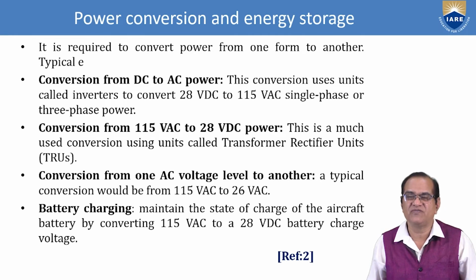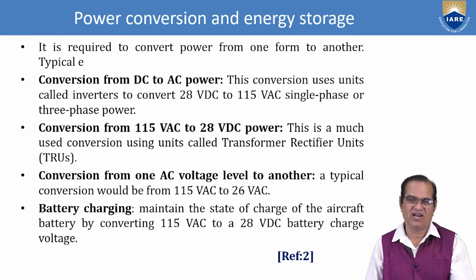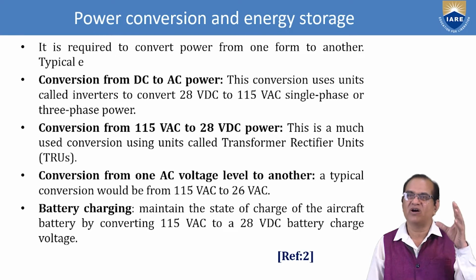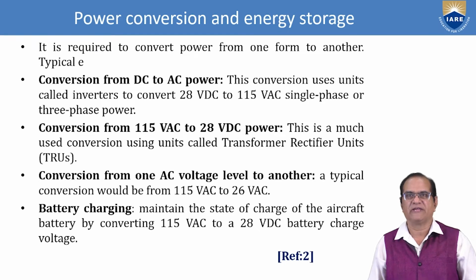Conversion from 115 volt AC to 28 volt DC power is much used, using units called transformer rectifier units. Like in our UPS in our lab and in our home, UPS are used, converting from AC to DC. In the same way in aircraft, they are called transformer rectifier units, converting from 115 volt AC to 28 volt DC power supply.